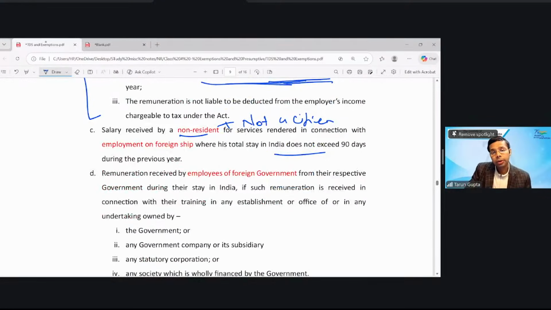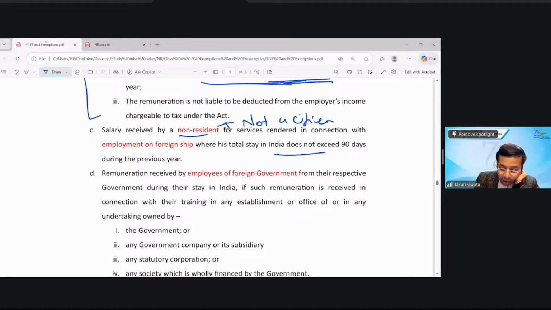But in clause C, it is specifically written that you should not be non-resident as well. So in the first and second clauses, it is sufficient if you happen to be not a citizen of India. Even though you may be a resident, no worries, if you satisfy other conditions. But the third exemption is available only if you're not a citizen and also non-resident in India.